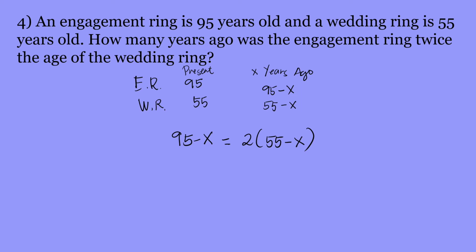by first distributing 2. So that will become 110 minus 2x. We can actually transpose 2x, negative 2x to the left side. It becomes positive 2x. So if it becomes positive 2x, 2x minus x, that will give us x. And 110 minus 95.